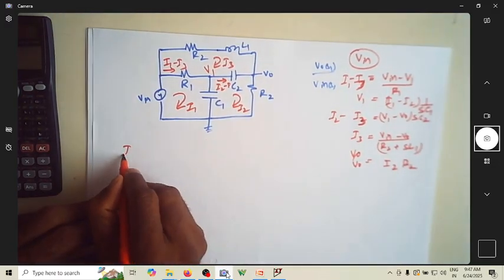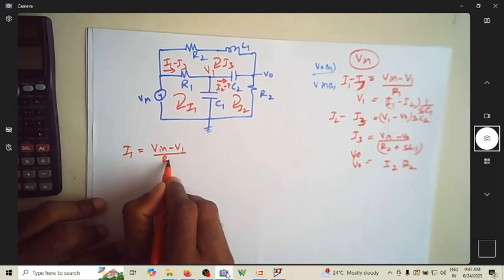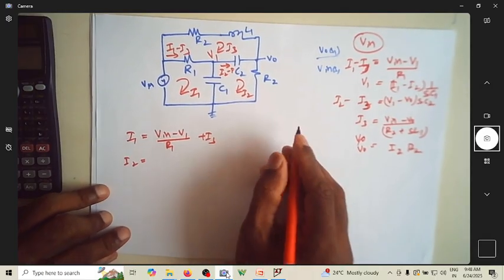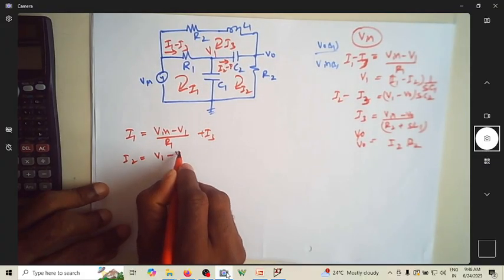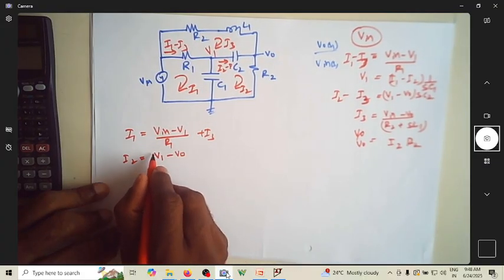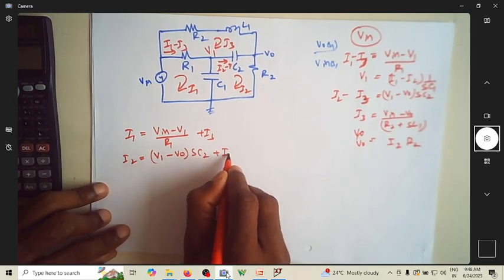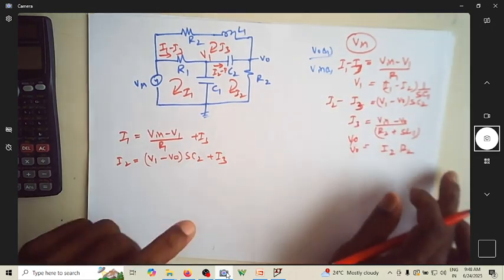Then what is I1? I1 is actually equal to Vin minus V1 by R1 plus I3. What is I2 equal to? I2 is equal to V1 minus V0 into SC2 plus I3. This is my I2 expression. I hope you got the mistake there.